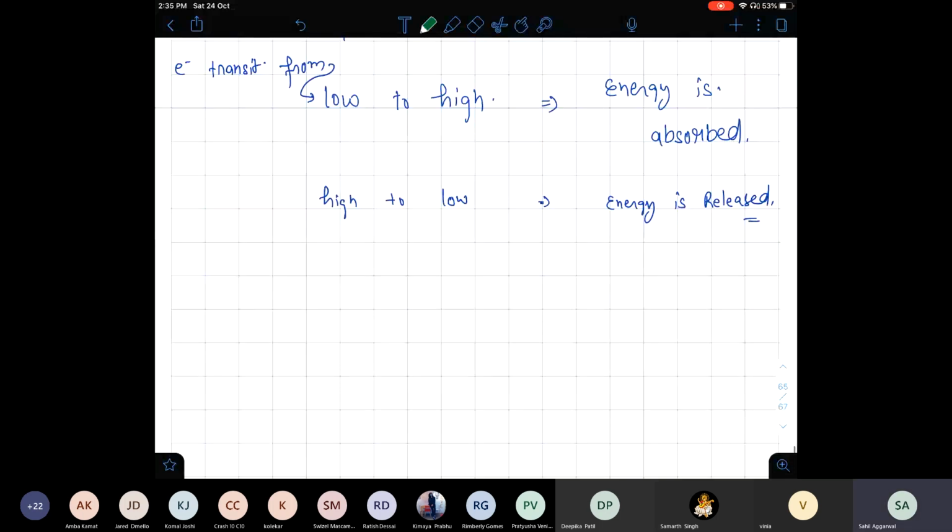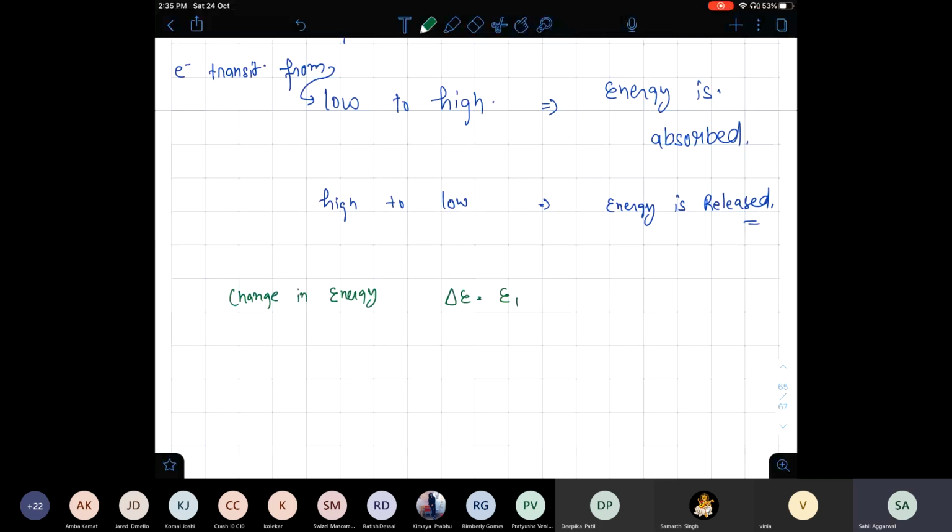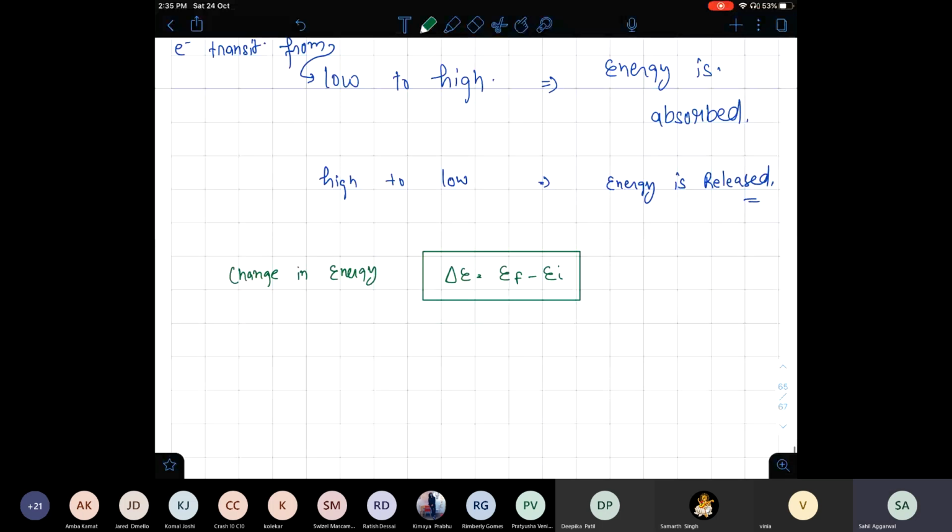Change in energy, delta E, will be equal to E of final minus E of initial. Or you can say h delta nu, meaning change in frequency.